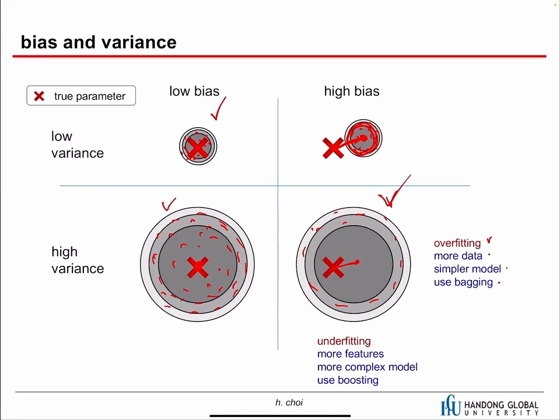So bagging could reduce the variance, and boosting could reduce the bias. Okay, so when we have a high bias, then we have an underfitting problem, in many cases. And in this case, we can use more features and a more complex model, and we can use boosting. Okay, so this is the big picture of the bias and variance trade-off.